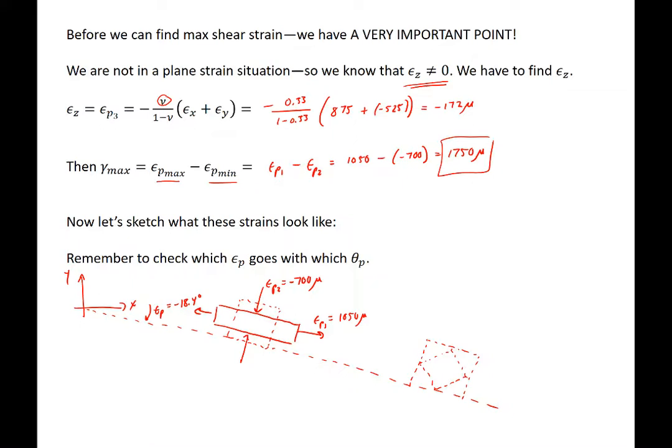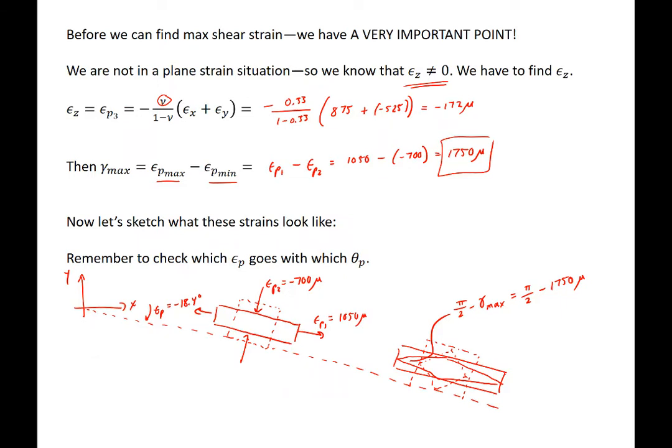So that's our original undeformed shape, and then if we deform it like we had on that previous little sketch, we can imagine what the deformed shape of the diamond is inside that box. So this angle here is going to be our pi over 2 minus gamma max. In this case, that's pi over 2 minus 1750 microstrain. And that's our sketch for our example problem.